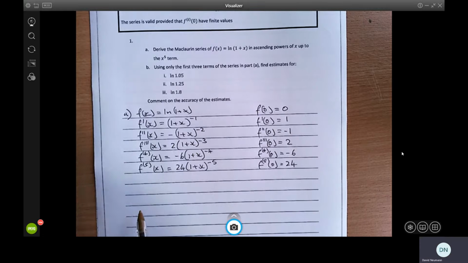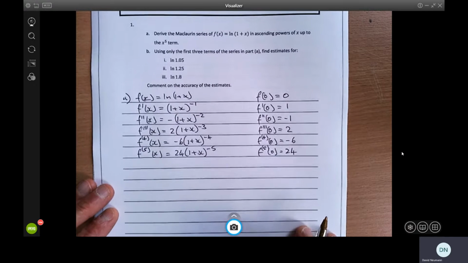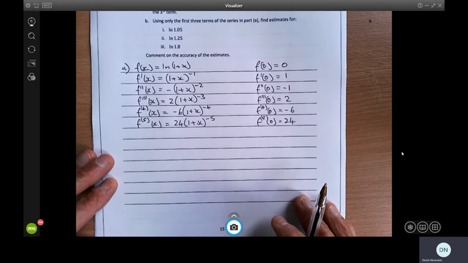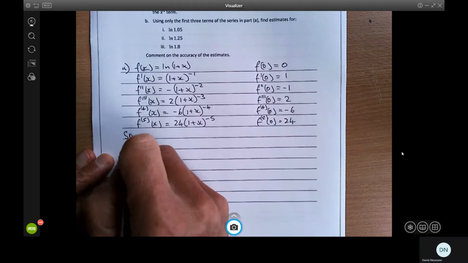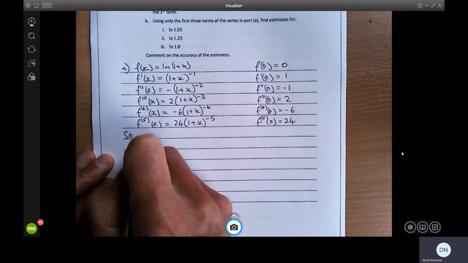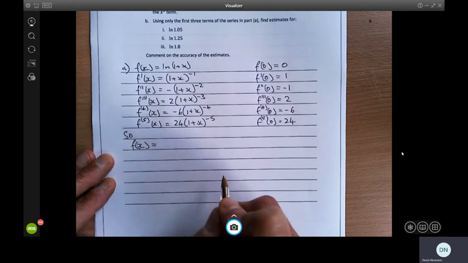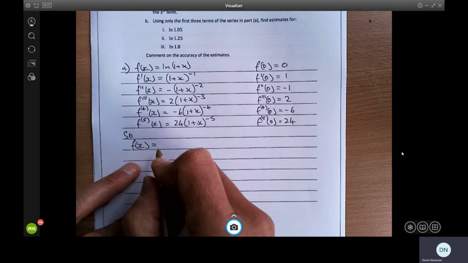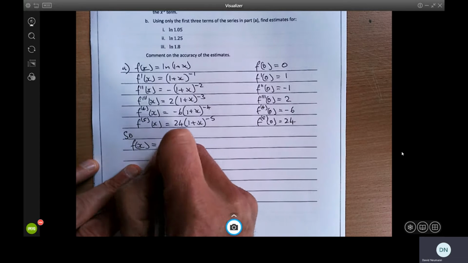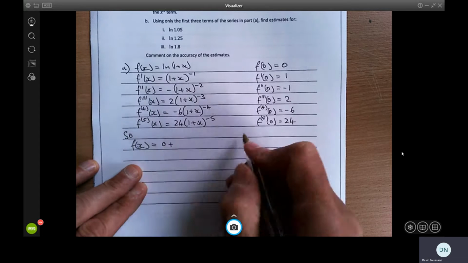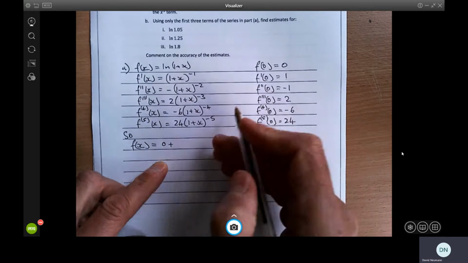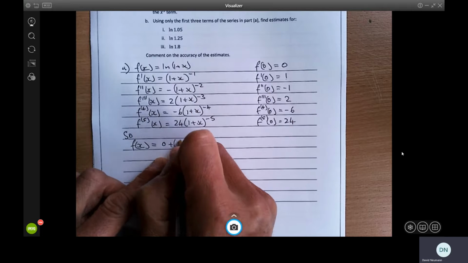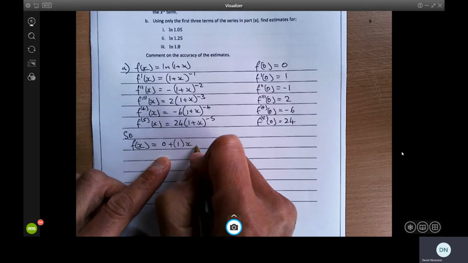So we need to use the formula, and we need to go up to the x to the power of 5 term. So f of x is equal to, well, the first term is f of 0, so we want 0, plus the second term is f dashed of 0 times x, so that's 1 times x.